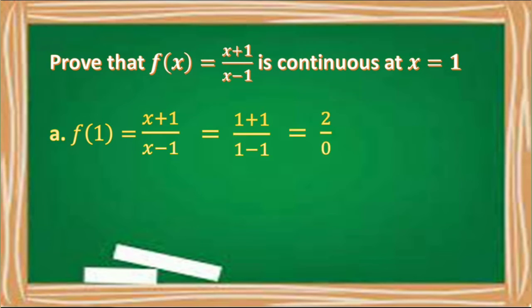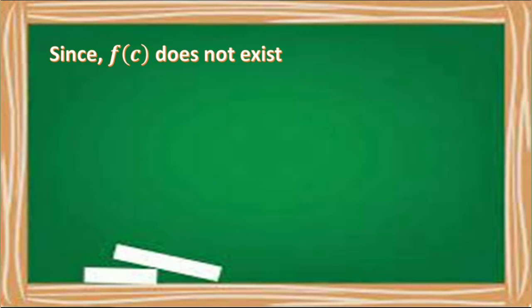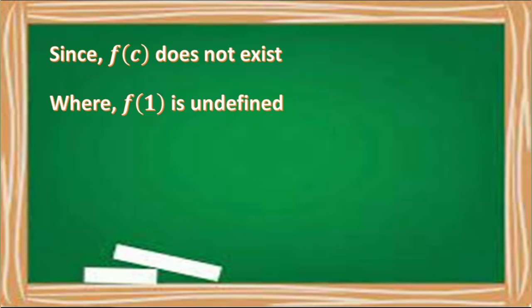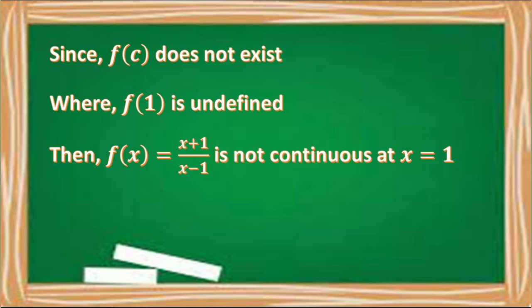Then we have 2 over 0, because 1 plus 1 is 2 and 1 minus 1 is 0. Therefore, our result is undefined. And since f of c does not exist, where f of 1 is undefined, then f of x equals x plus 1 over x minus 1 is not continuous at x equals 1.